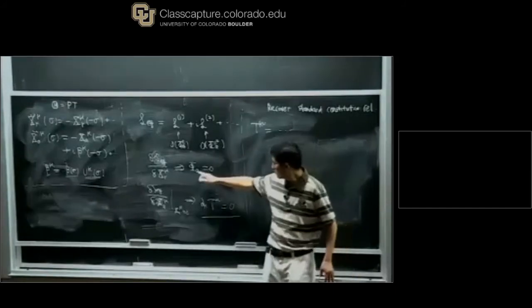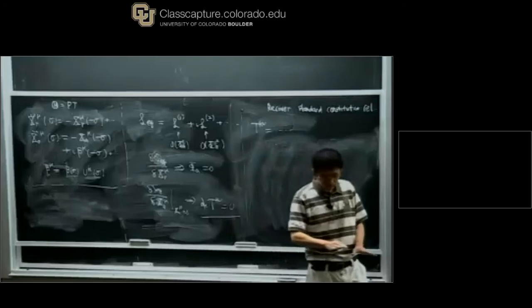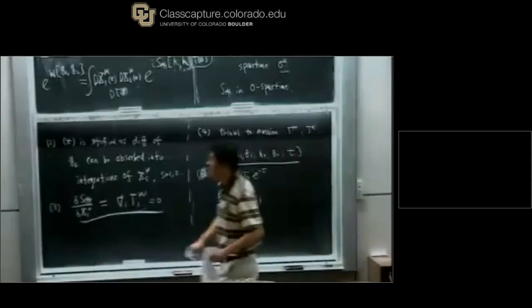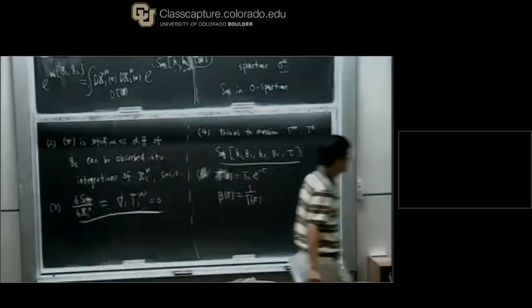If you don't set that source equal to 0, then the A variable is non-zero, and the solution will depend on the A field, and that gives you the tree level contribution to various correlation functions. So those symmetries just give you the standard derivative expansion.